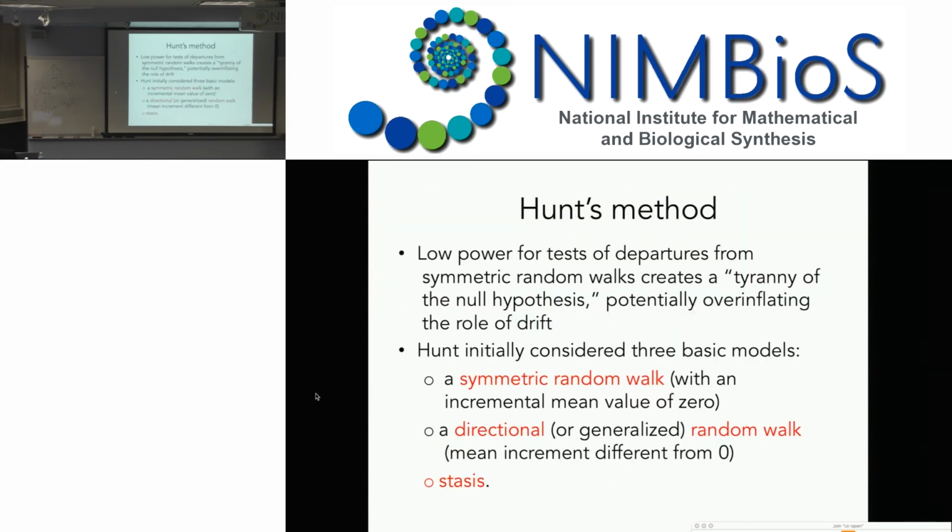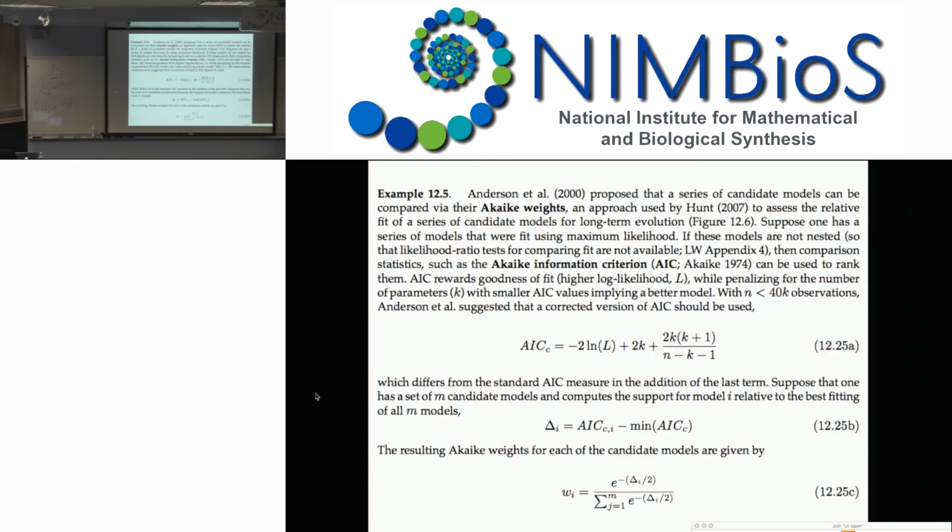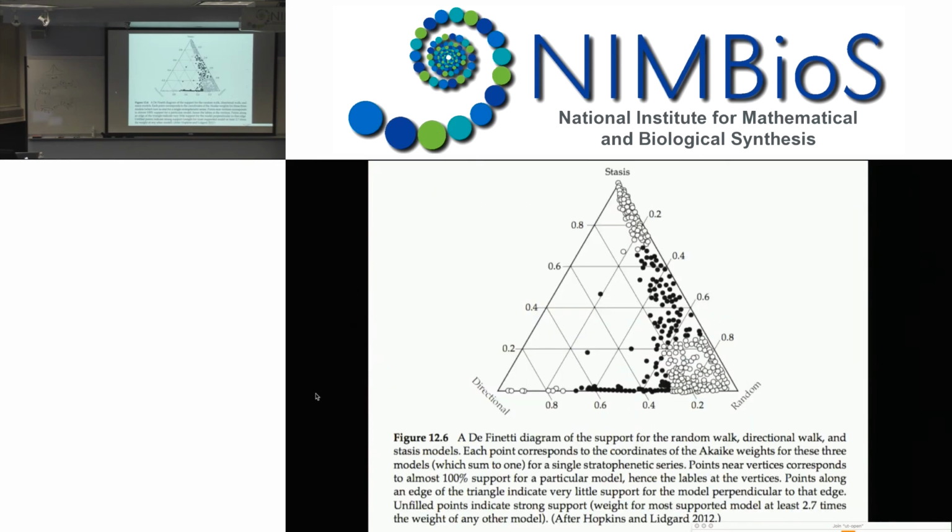So what that means is, for each data set, you can say, well, given the model fit, the weights here are 0.7, 0.2, and 0.1. So now we move a little bit away from the tyranny of the null hypothesis and try to ask what you see. And when you do that, let me go to the figure here.